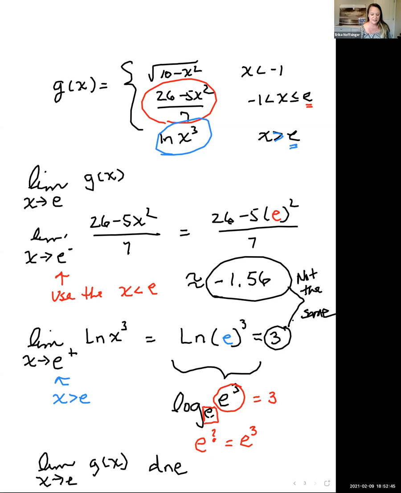Okay, so if we graph that, there would be some jump in the graph there at x equals e. Any questions on that?